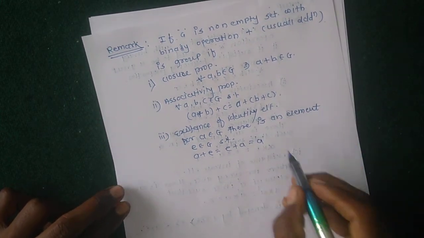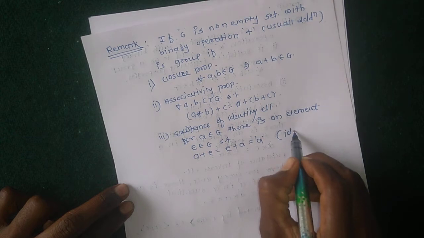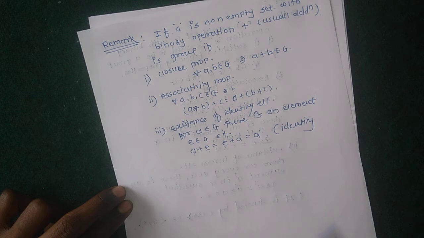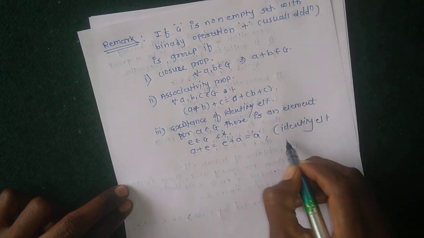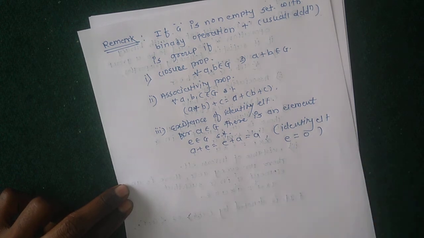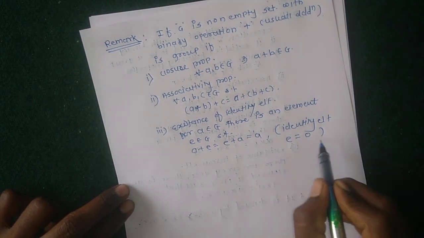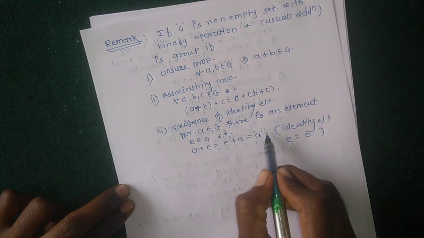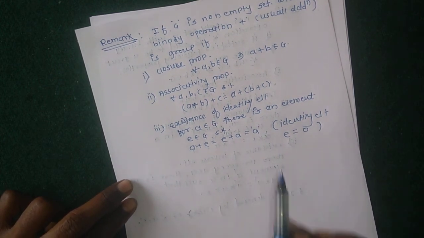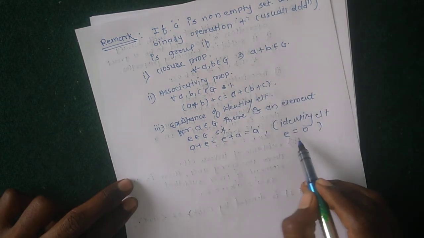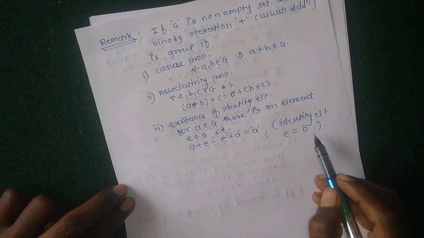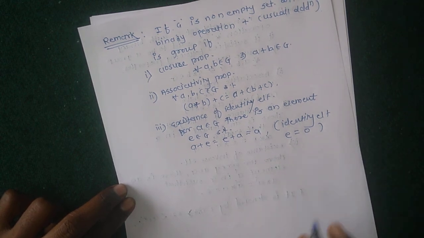When the binary operation is usual addition, the identity element e must be 0, because a plus 0 equals a and 0 plus a equals a.